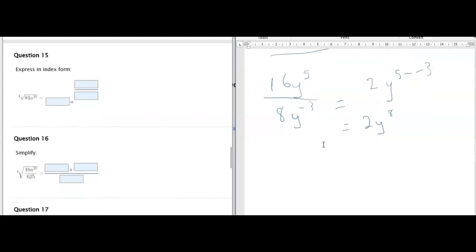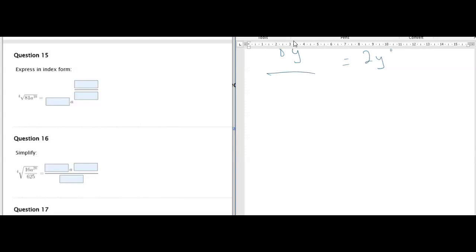All right, we're getting there. So we've got the fourth root of 81 times a to the power of 10. So the fourth root just means what number, when multiplied by itself 4 times, gives you 81. Most of the simpler ones you should know.